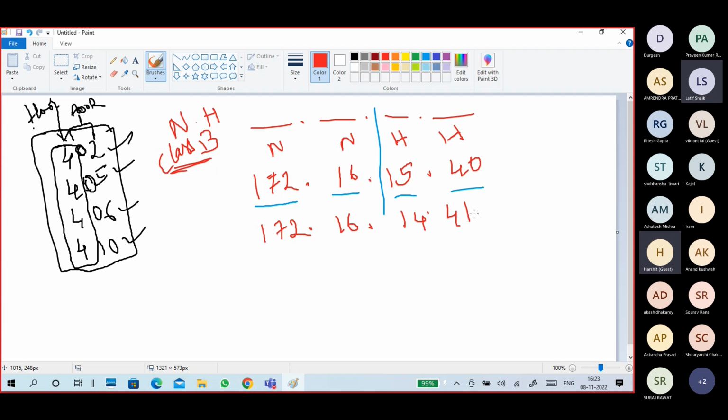If you look here, the network portion is the same, and that is enough. So this PC1 and this PC2 will communicate together. You can see the two host portions may be different or maybe the same. Some people say both should be different.